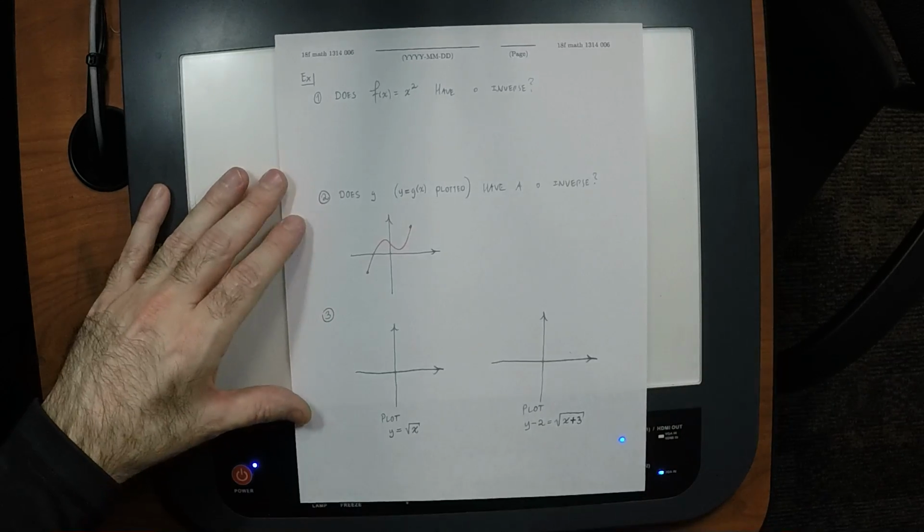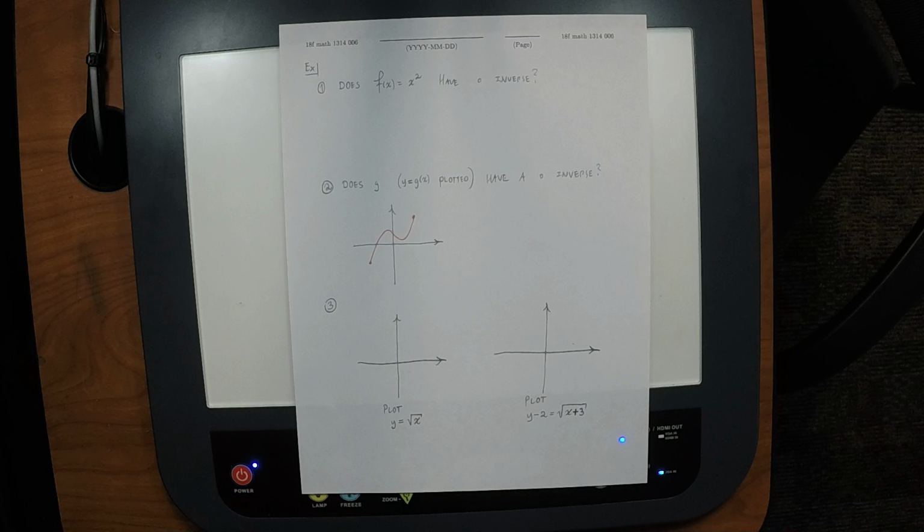Okay. So question 1 there. How about it? Does it have a composition inverse?